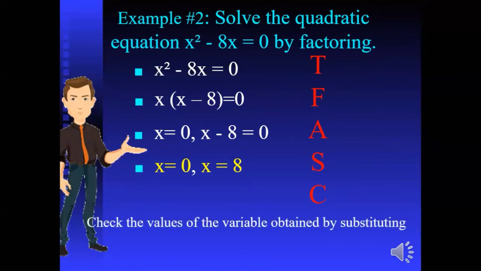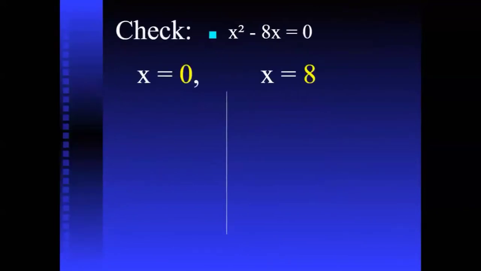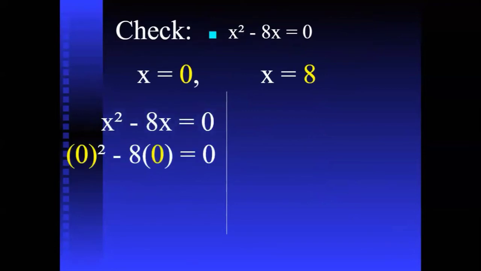The values of the variable obtained by substituting each in the original equation. So if x is 0, when we substitute 0, it becomes 0 quantity squared minus 8 times 0 is equal to 0, and the answer is 0 is equal to 0. So they are equal.